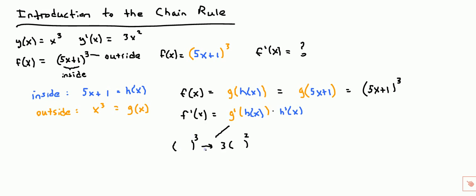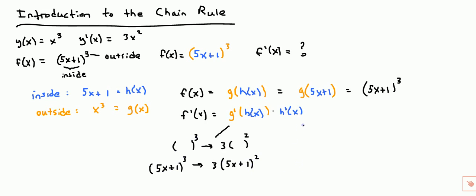This is the general shape, the general form that's going to happen. So all we have to do is fill in the brackets. That gets sent to this. We don't care what's inside, we just take the derivative of the shape. And the shape is something cubed.